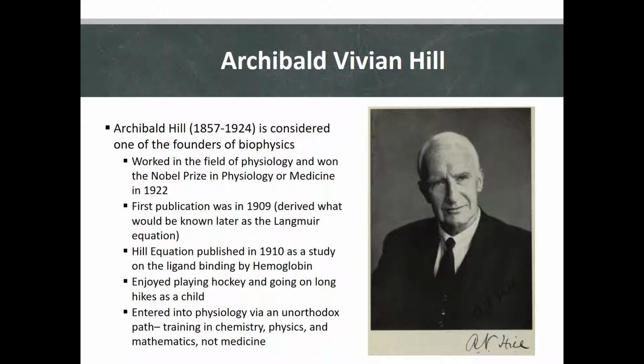He derived various different types of binding equations, and his first paper was really centered on what would be known later as the Langmuir equation. He published the Hill equation in 1910, and there he was looking at the study of ligand binding by hemoglobin. He was looking at basically oxygen binding to hemoglobin, and he needed to derive a way to quantitatively describe it, and so he did.